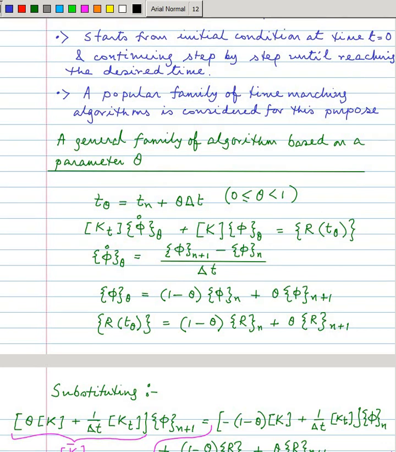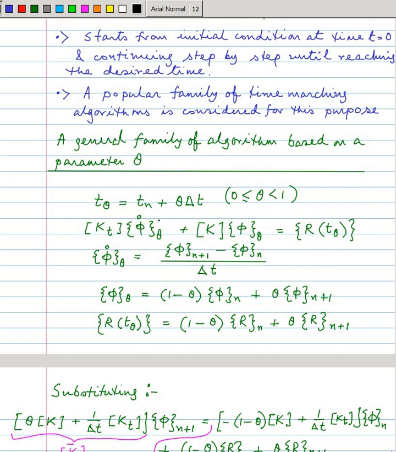Now this is your equation. So at t theta, the equation is kt phi dot theta plus k phi theta. We are assuming ktt is 0. Phi theta is r t theta. So this is the equation at time t equal to t theta.